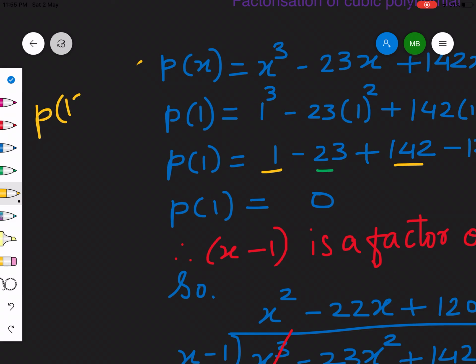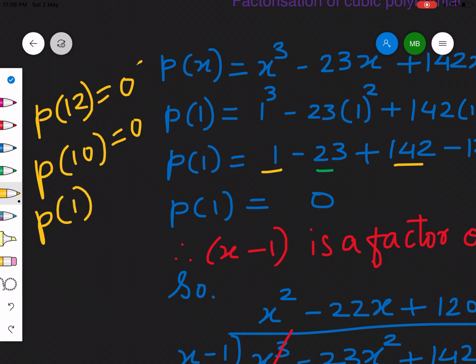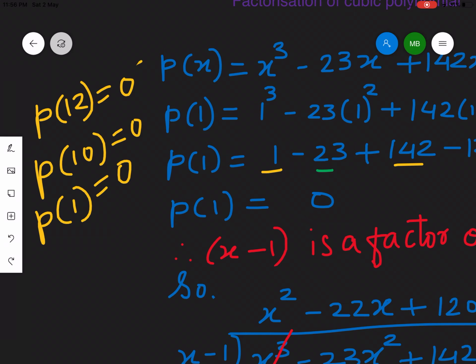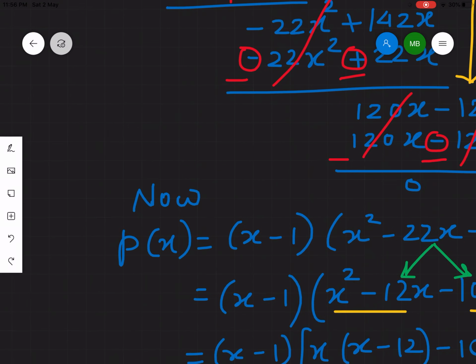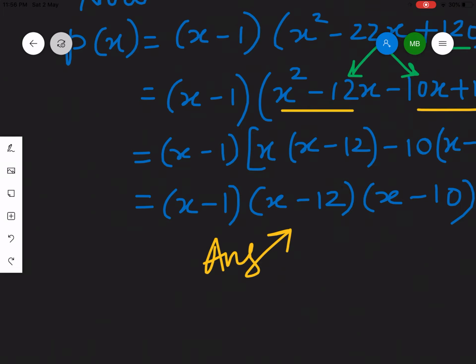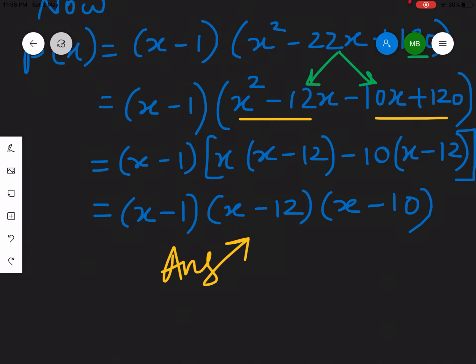If you find out p of 12, if you replace x by 12, you will get 0. Same as if you find out p of 10, this will also be 0, and p of 1 we have already checked that it is 0. So that means 1, 10 and 12 are the zeros of this polynomial p of x, and in turn x minus 12, x minus 1 and x minus 10 are the factors of p of x.